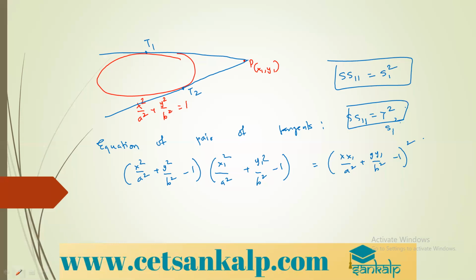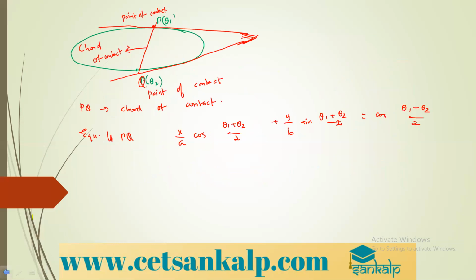Then next, already in one of the pages I told you chord of contact. Suppose the point is x1 y1 from where you are drawing a pair of tangents.